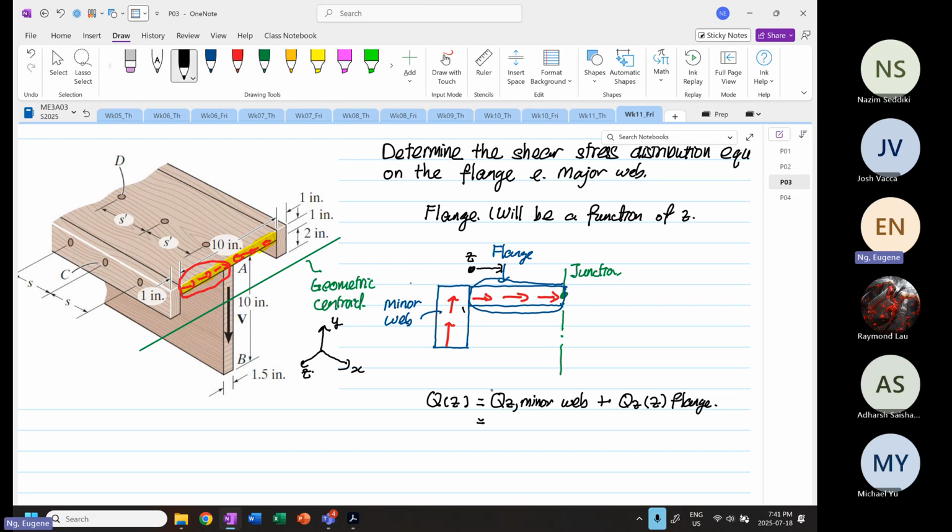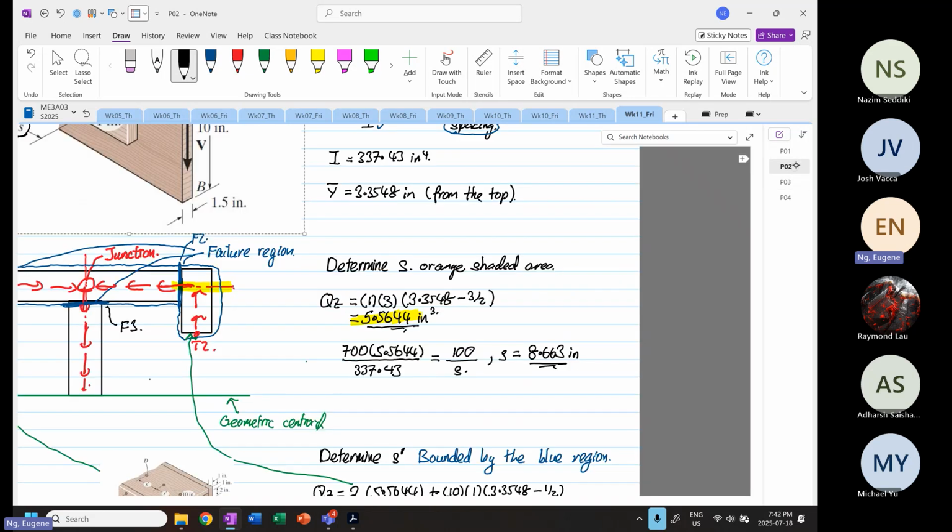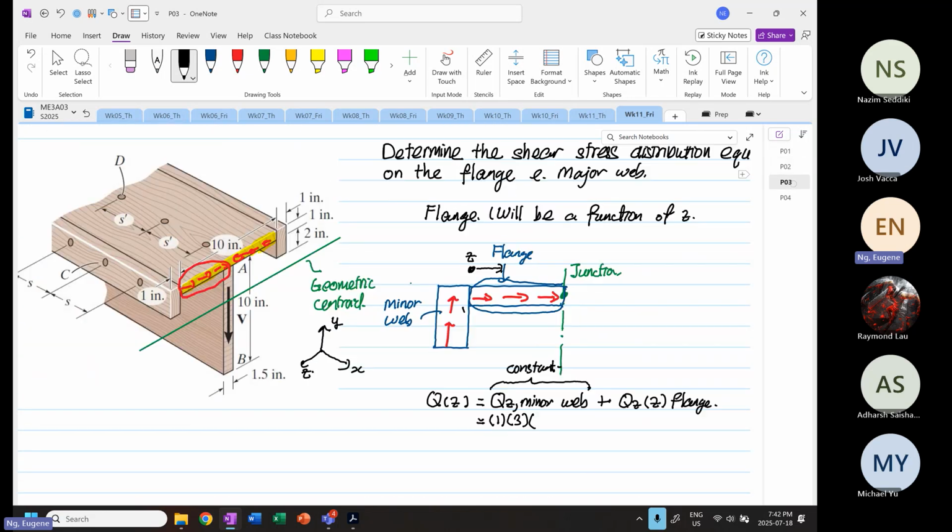We know that over here this value is a constant. The width is equal to 1, the depth is equal to 3, the Y bar is equal to 3.3548 minus 3/2.